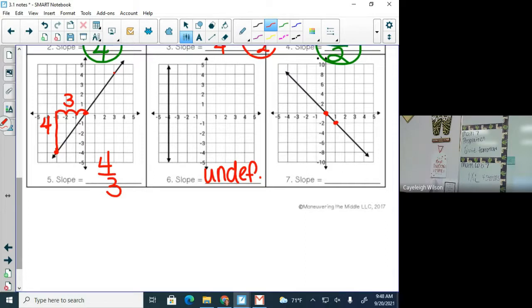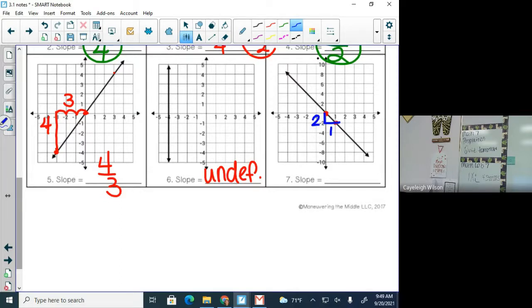Now I'm gonna count my rise over my run. So I'm gonna go rise, but I'm going down, and this is 0 to 2, so it went down 2. And then I ran 1. So listen, what kind of slope is this one?